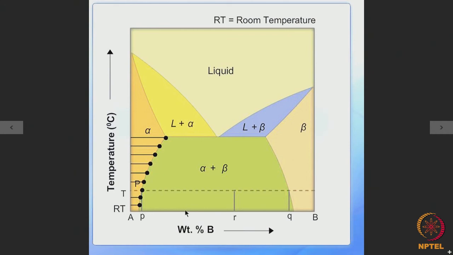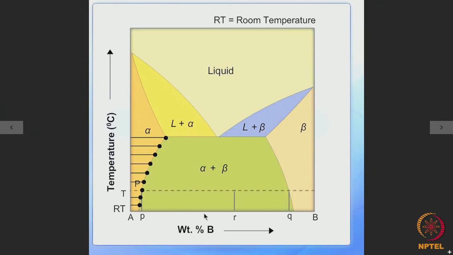It will give you alpha lines as well as beta lines, but if I move down this line and make an alloy with less weight percent of B, then also I will get the alpha lines and the beta lines. But what will happen to the beta lines here? Corresponding to the previous case, beta lines will become a little weaker, because for an alloy of this composition, the amount of beta will be much less than, say, for this composition.